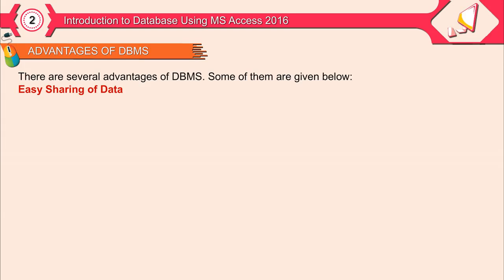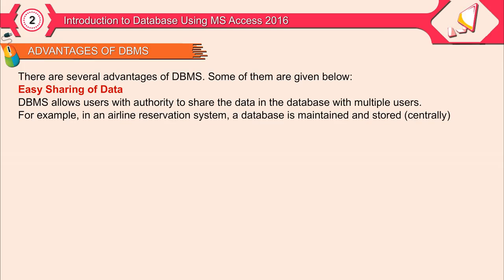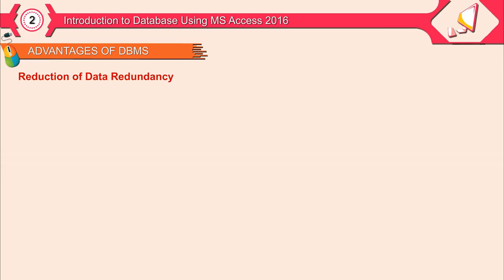Easy sharing of data. DBMS allows users with authority to share the data in the database with multiple users. For example, in an airline reservation system, a database is maintained and stored centrally for the reservation and the cancellation of air tickets. Reduction of data redundancy.